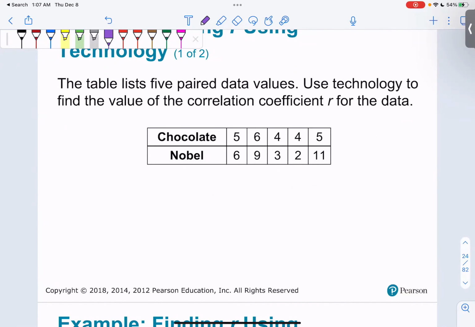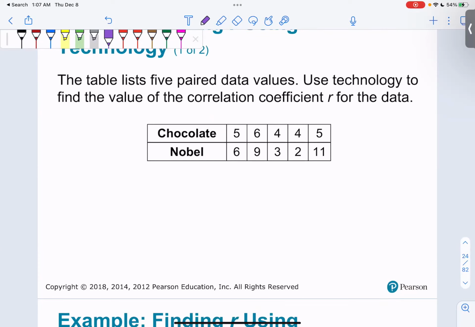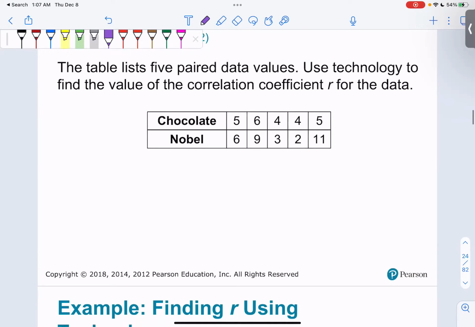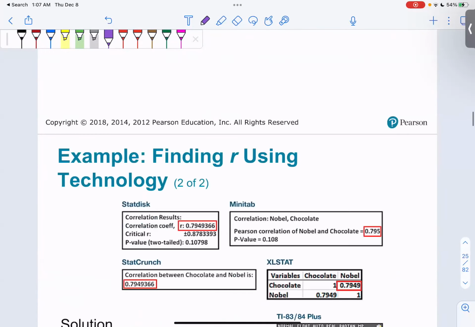So let's see this example now. Here we have 5 numbers. They said use technology to find the value of the correlation coefficient R of the data. So let's see here.